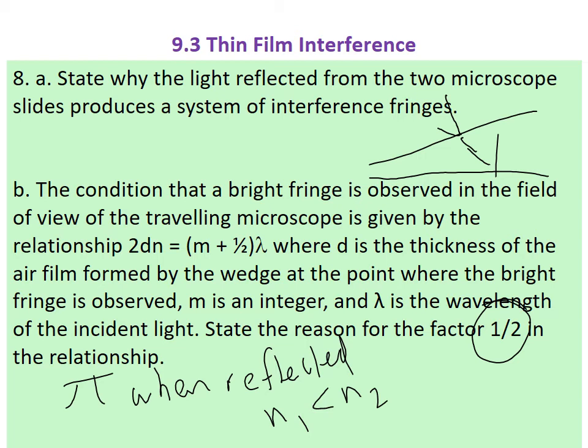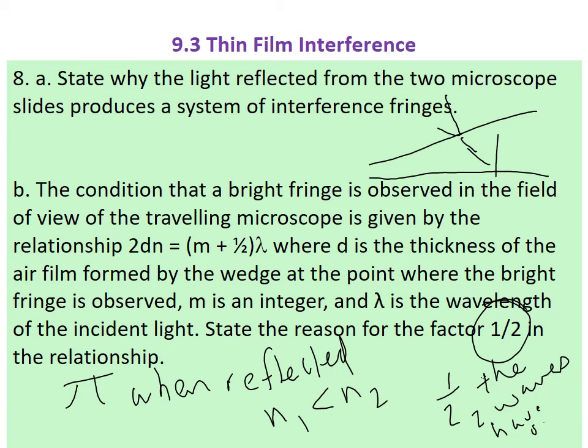To account for that inversion, that's why you then have to add in this lambda over 2, or a 1/2 factor. This will allow the two waves to then have the same phase. They will be in phase with each other.